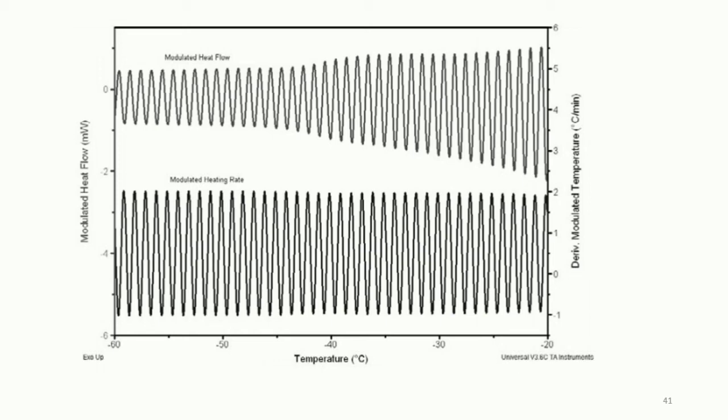The change in heating rate, which is the modulated one, is approximately 3 degrees Celsius per minute, which causes the modulation in the heat flow signal.